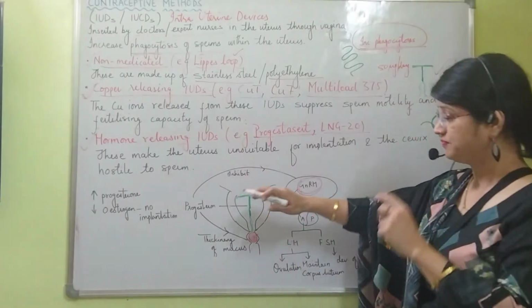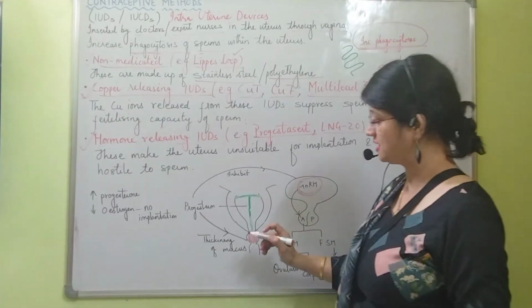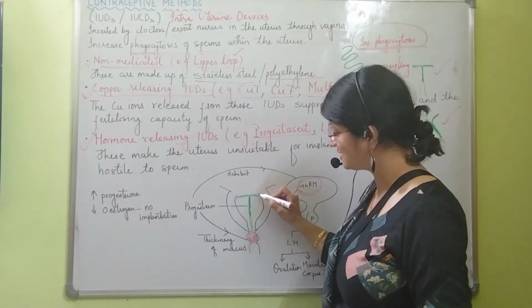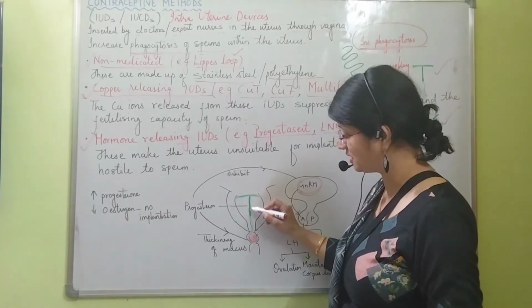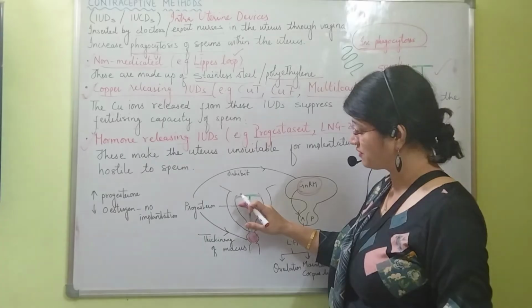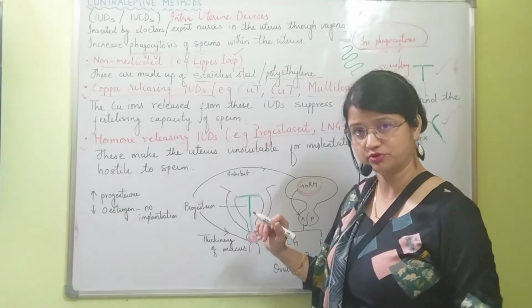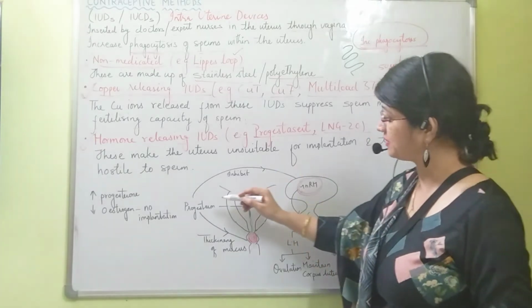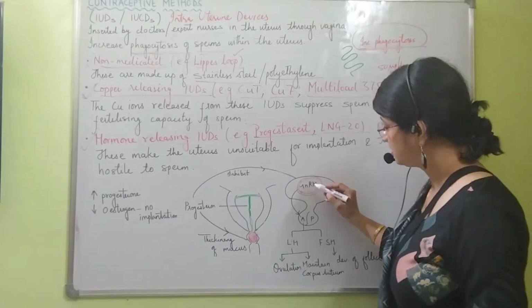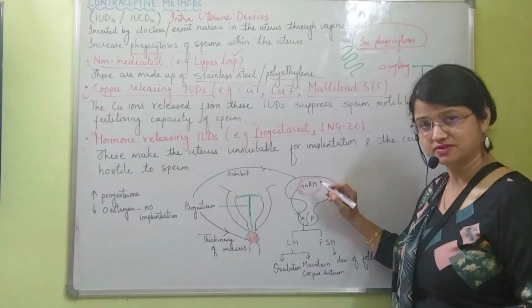Now how the whole thing is done, just see here. This hormone releasing IUD is inserted in the uterus and it is loaded with the hormone progesterone. It will produce the hormone progesterone. This hormone inhibits GnRH secretion.